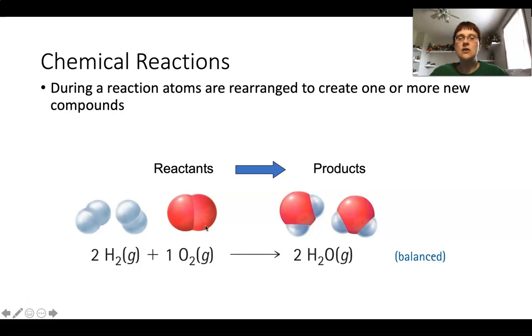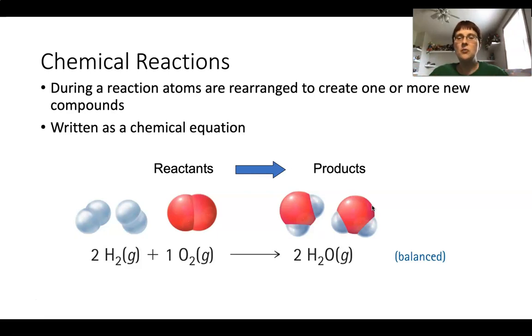These are going to be taken apart and put back together so that they can form water. That's all we're doing here: different atoms interacting with each other and rearranging to make one or more new compounds, or sometimes they're actually being torn apart to make those new compounds.